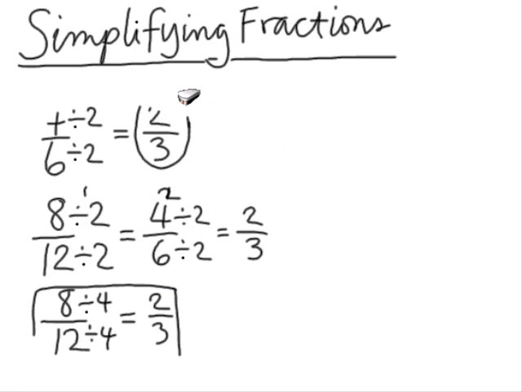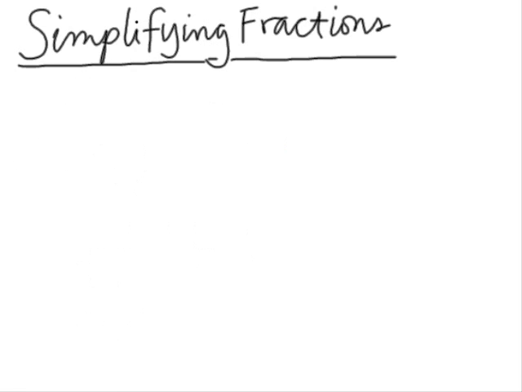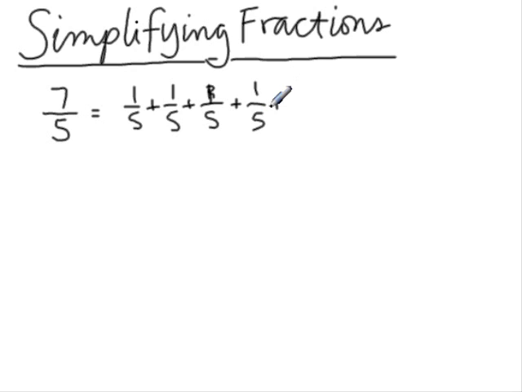Now, there's another thing that we need to look at when we're talking about simplifying fractions, and that has to do with improper fractions. Let's say we have 7/5. What this means is that we have 2/5, 3/5, and a 4/5, and there's a 5th one, and a 6th one, and a 7/5. 1, 2, 3, 4, 5, 6, 7.